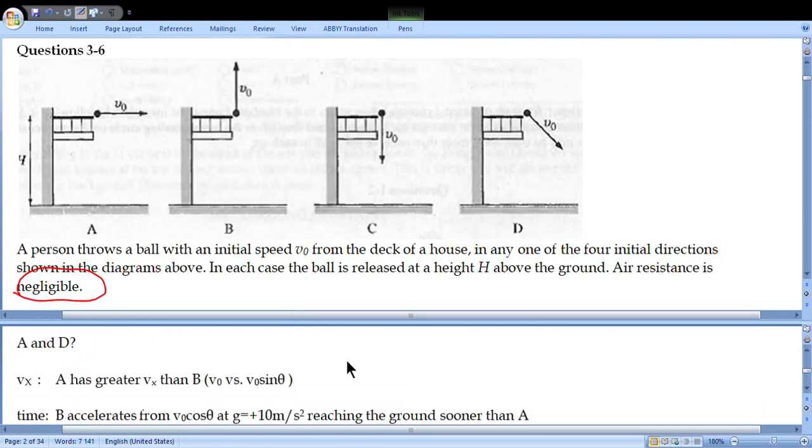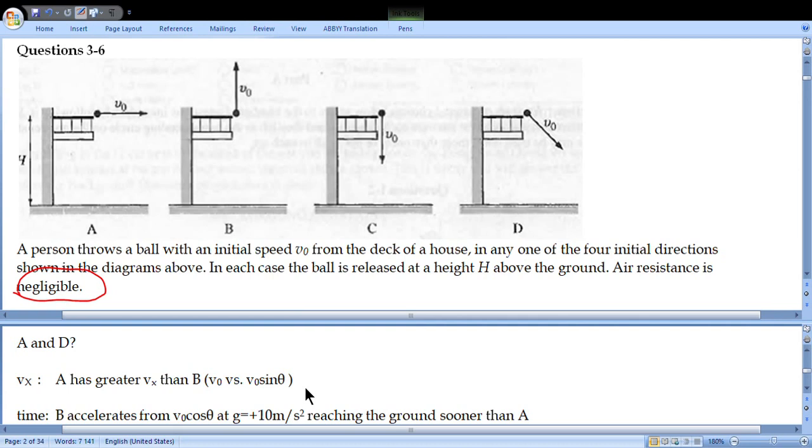Now we should compare A and D. The horizontal component of velocity for A is greater than for D.